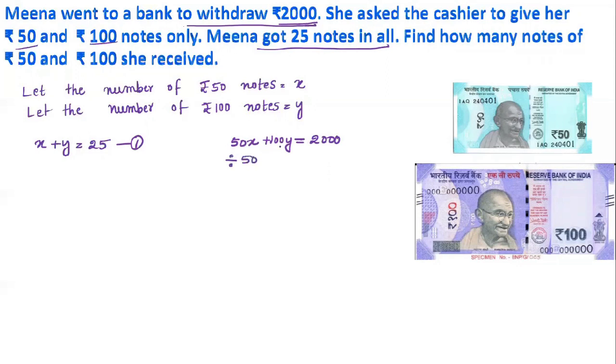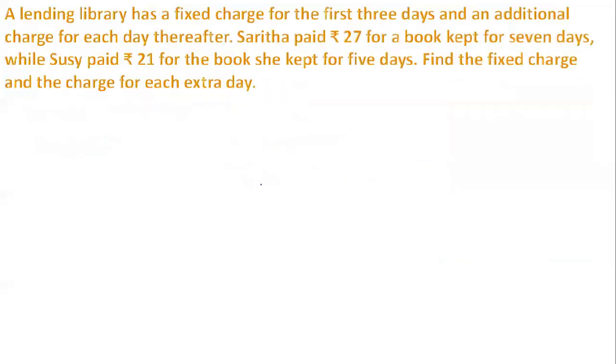Look at the constants 50, 100 and 2000. All are divisible by 50, so you can divide by 50. If all the terms are divisible by the same number, you can divide so that the equation will be simplified. So x plus 2y is equal to 40. This is the second equation. Now you can solve this by the elimination method.